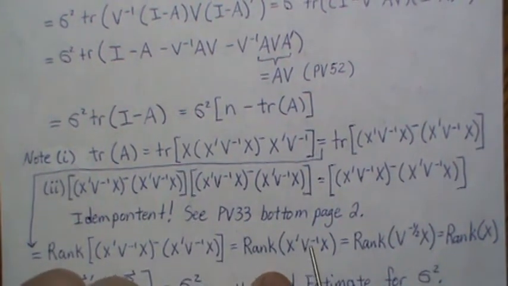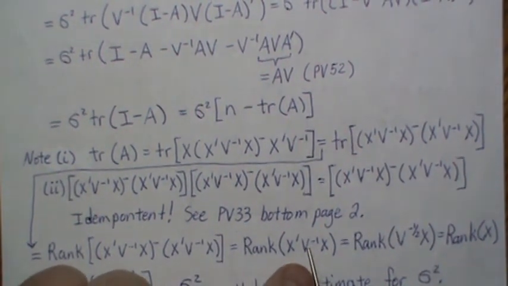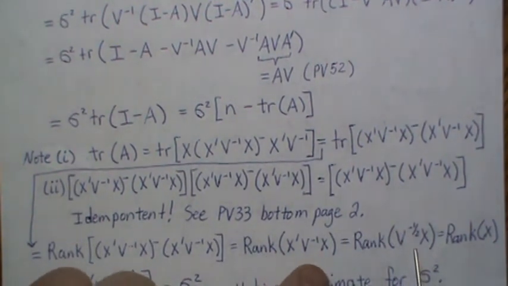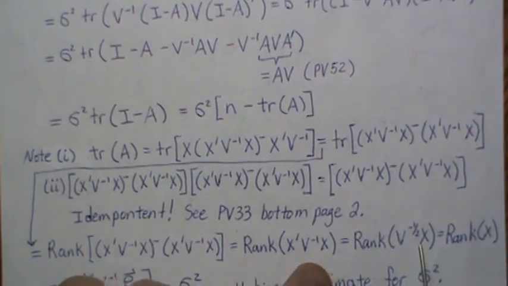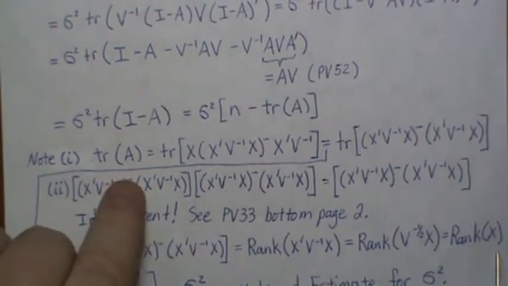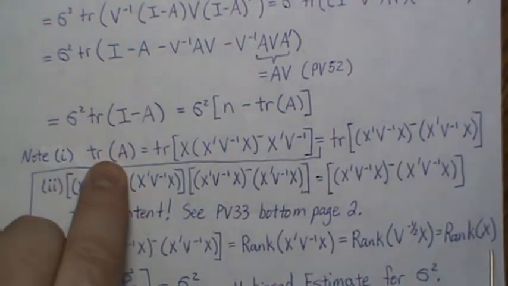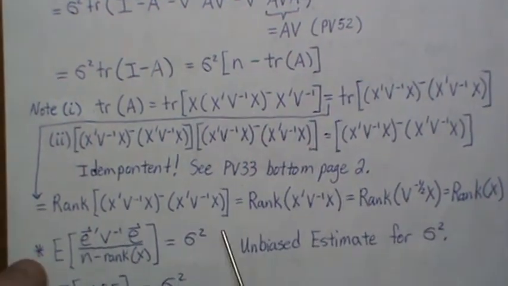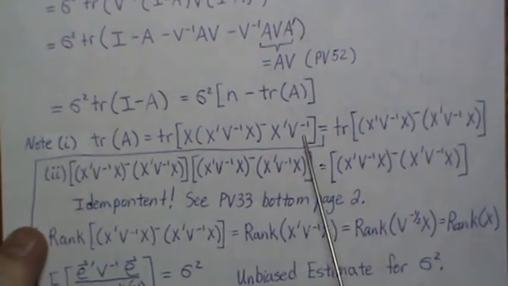And then this V to the n minus one inverse can be broken up into square root matrices. And then the rank of just half of it is this, and that's positive definite, so it's the rank of that. So now we have an expression for the trace of A. It's just the rank of X, so we can put it in there, right? So then we just say the rank of X.